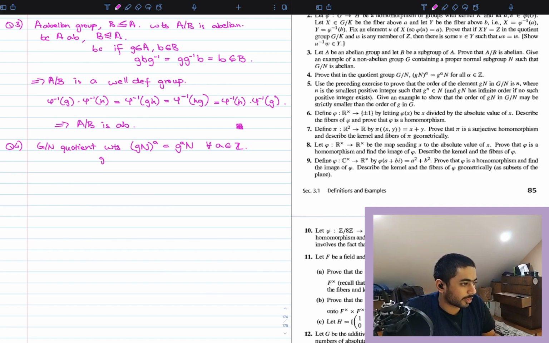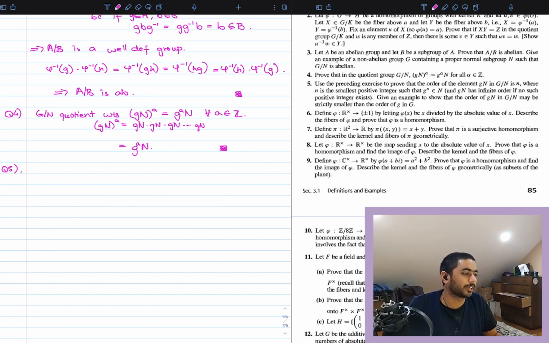But this is not so hard. (gN) to the a is just gN times gN times gN, a times. And then you can fold up each multiplication individually and get g squared N. And you keep going and you just get g^a N. I don't know what to say here. This is pretty straightforward.